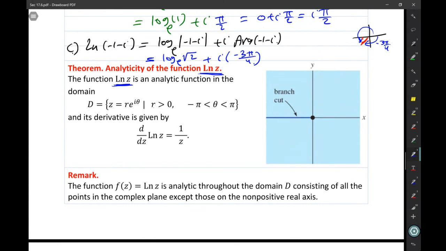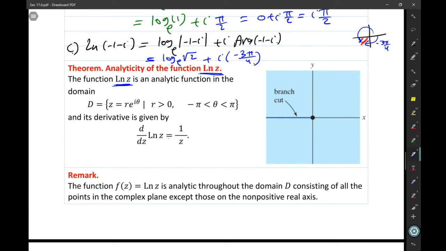Its derivative is given by d by dz of the principal logarithm of z equal to 1 by z. Where r is greater than 0, in polar form r e to the power i theta with theta between minus pi and pi.